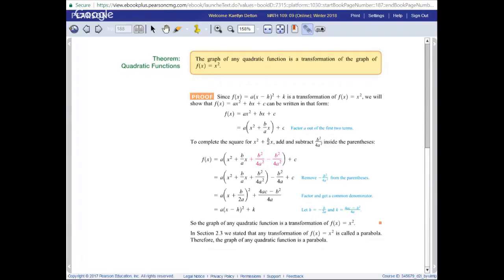So if... No, that wouldn't work, because if you cross-multiplied, then you would have 4AC. So basically, subtract B squared, but then you'd have over 4AB squared. So that wouldn't work. So you have to find the common denominator first, and then cross multiply.